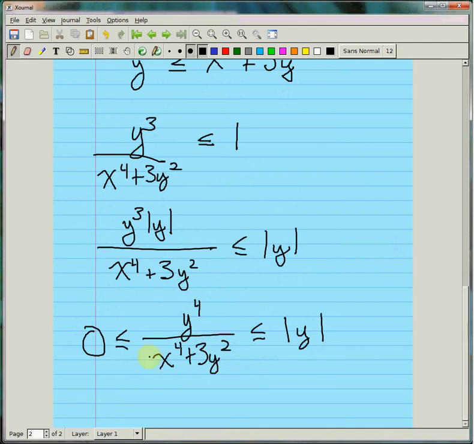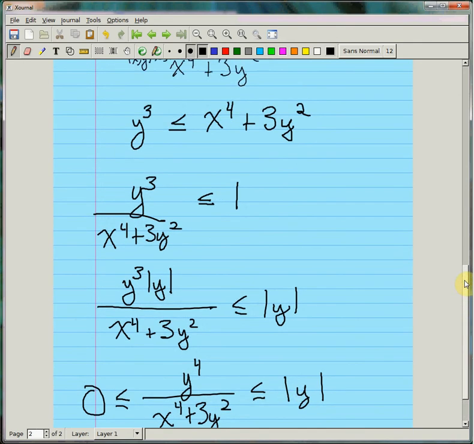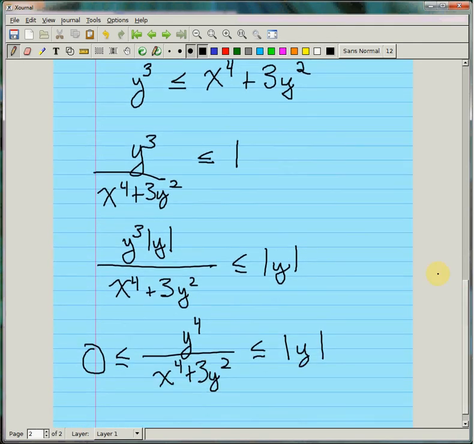And so what have we got here? We've got a squeeze situation. This is a function of x and y, this is a function of x and y, and this is a function of x and y. So in the small circle around the origin of radius less than 1, this inequality is going to be true. If I draw the unit circle here, inside the unit circle, these inequalities are going to be true.